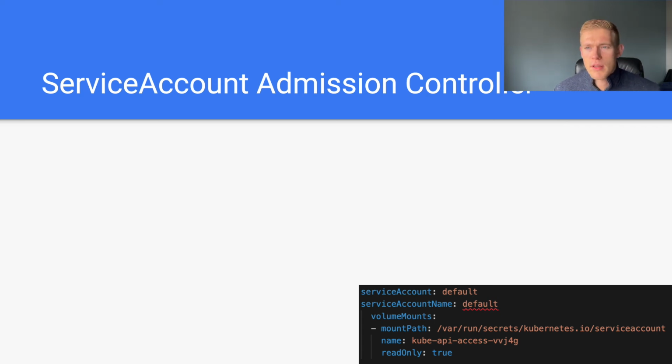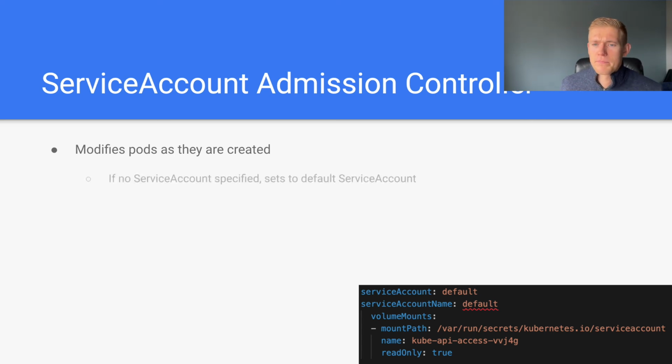The next component that helps with Kubernetes service account management is the service account admission controller. Now, admission controllers are part of the Kube API server that either validate incoming requests or mutate them. In the case of the service account admission controller, this is a mutating admission controller in that it modifies pods as they are created.